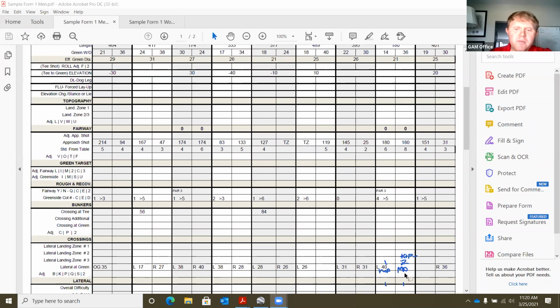But with the adjustments, that's not as big of a deal. Just be really careful around the dog legs and forced layups and putting numbers in there that don't belong there. But I agree 100% that it's good to have the adjustments written down, even if they wash out, or just any kind of notes so that the captain can figure out what your thought process was when you were going through and doing this.